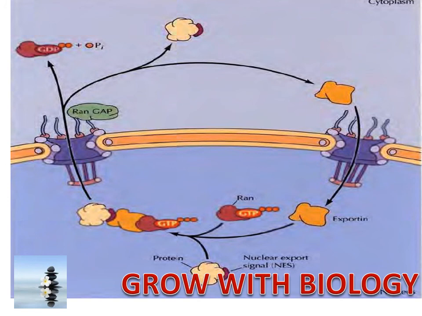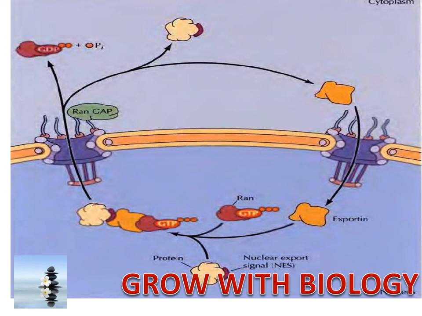Now NES is for nuclear export signal. Whenever any protein has to be imported inside, it should have a nuclear localization sequence, and when the protein has to move outside, it should have a nuclear export signal. A protein containing a nuclear export signal is known as a cargo protein.